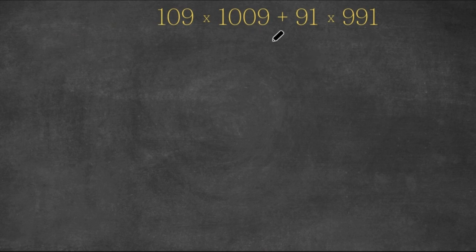Now what I'm first going to do is rewrite all of these terms. So I'm going to rewrite 109 as 100 plus 9. Now this is multiplying with 1009. I'm going to rewrite that as 1000 plus 9.